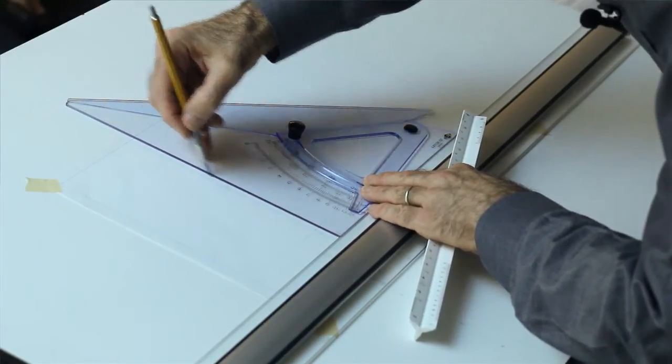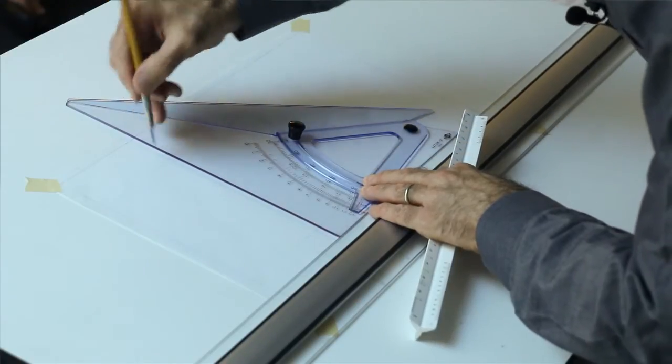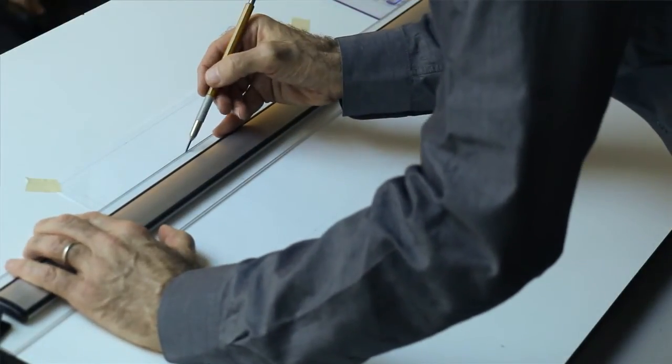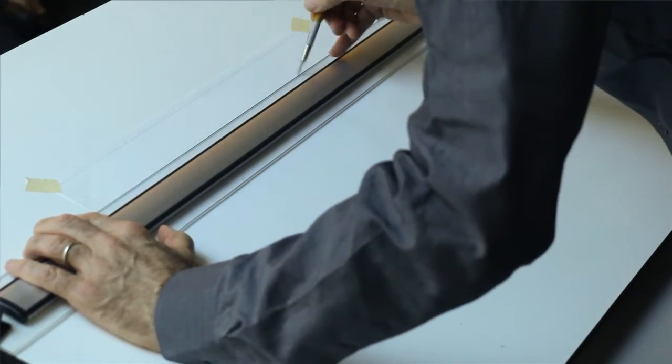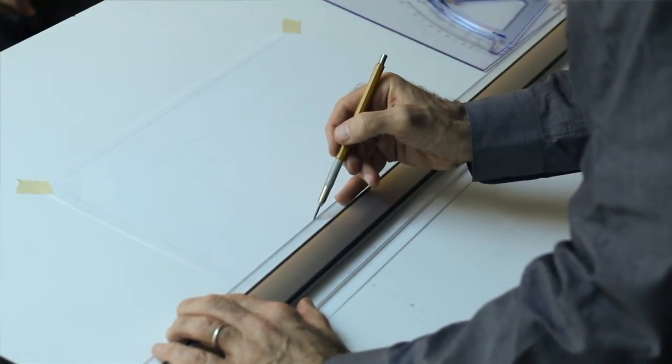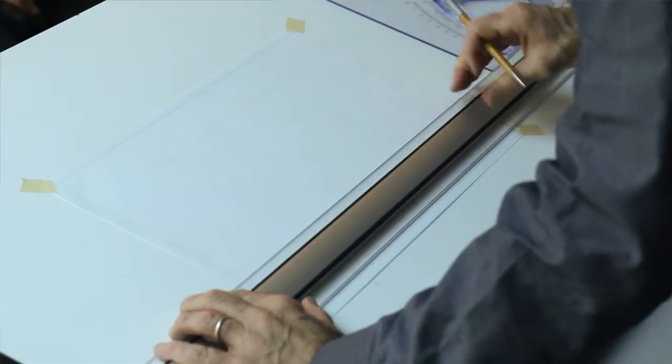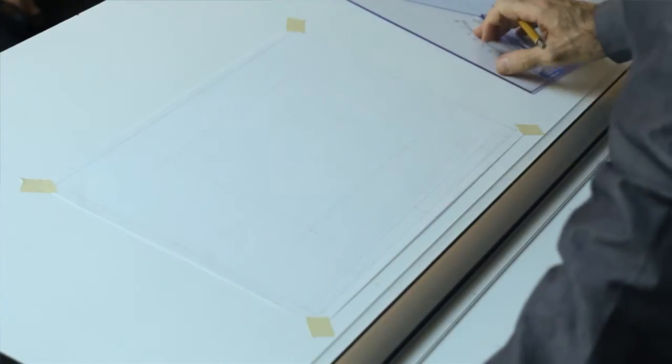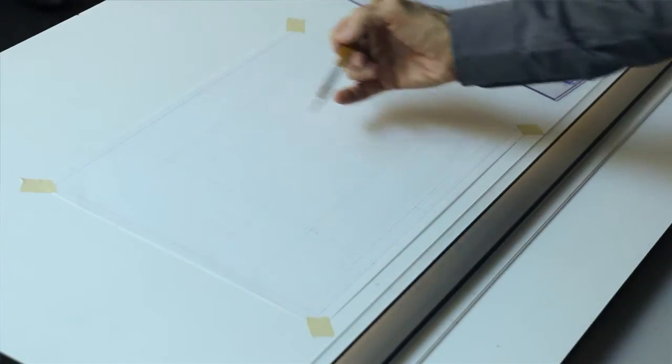So just lightly draw in our wall thicknesses. I will intersect my lines. You don't have to spend your time making sure they stop exactly at the corners, but intersecting allows you to know what your dimensions are. So I have the north, the south, the west.